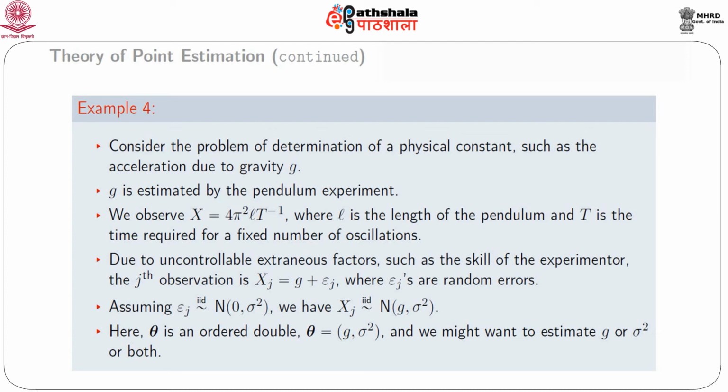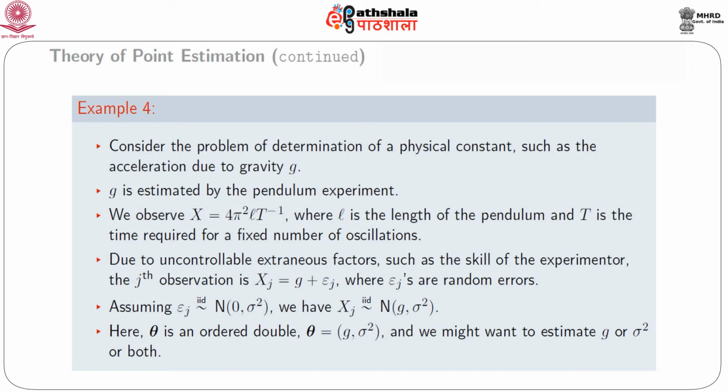Due to uncontrollable factors such as the skill of the experimenter, the jth observation is xj, where xj is modeled as g plus epsilon j, where epsilon j's are random errors.